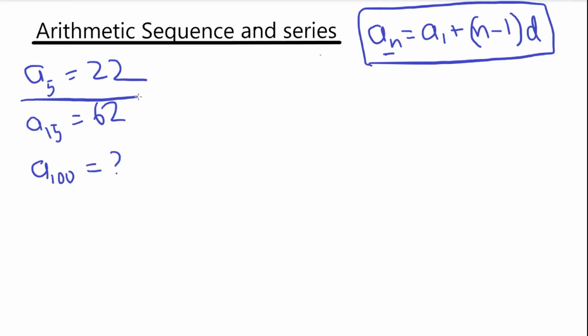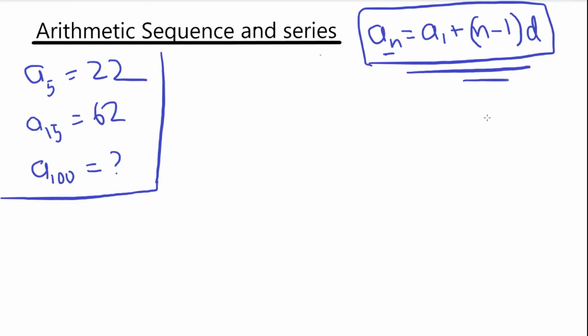So we have two pieces of information given to us, the fifth term and the 15th term. So our first plan of action would be to write out the fifth and the 15th term in the way that it's represented using the first term and n minus 1 and d, this formula that's given right here.